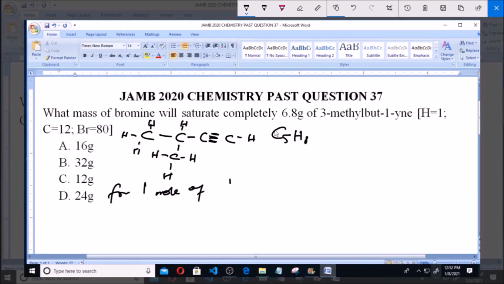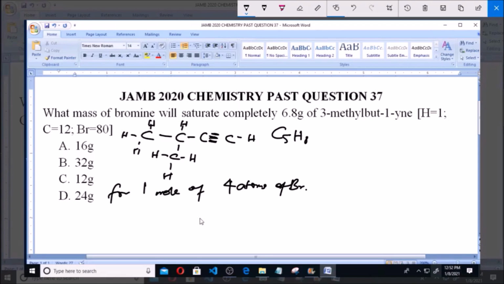So for 1 mole of C5H8, which is 3-methyl butyne, we require 4 atoms of bromine to saturate it. So 4 atoms of bromine is required to saturate 1 mole of 3-methyl butyne.